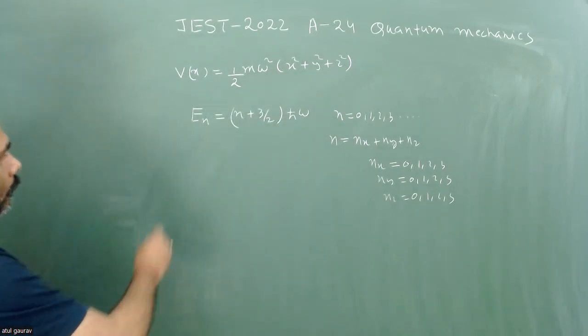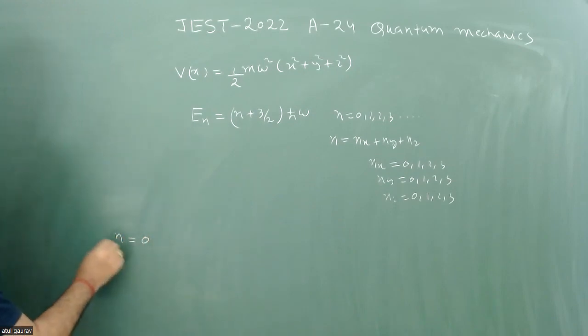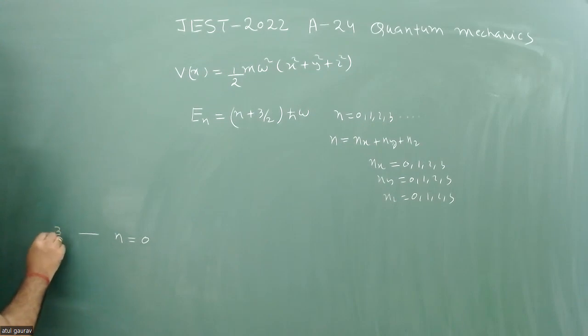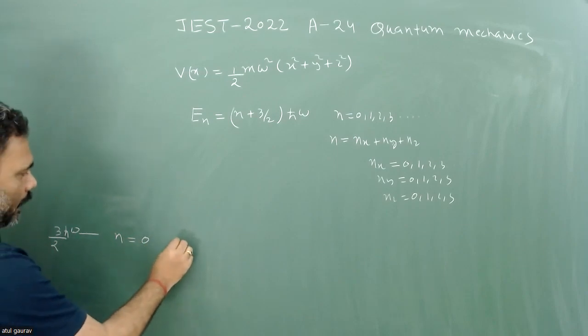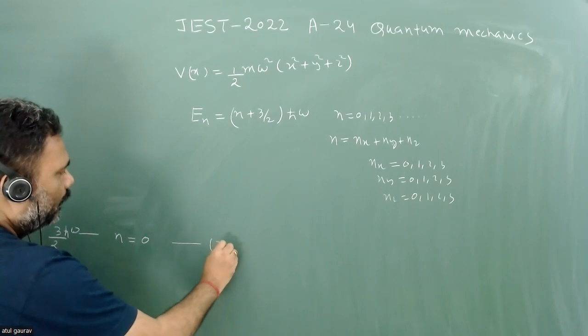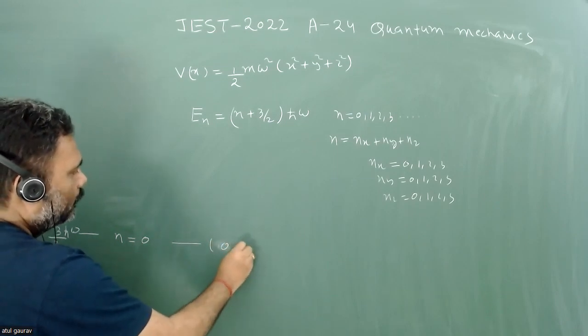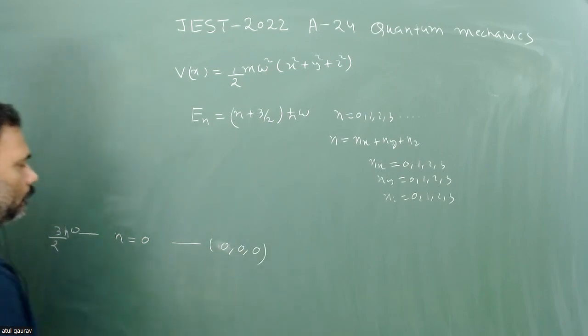If I am talking about n equal to 0, the energy eigenvalue is 3/2 h-cut omega. What is the meaning of that? n equal to 0 has only one state, that is nx equal to 0, ny equal to 0, and nz equal to 0.